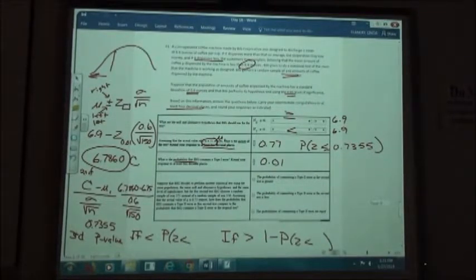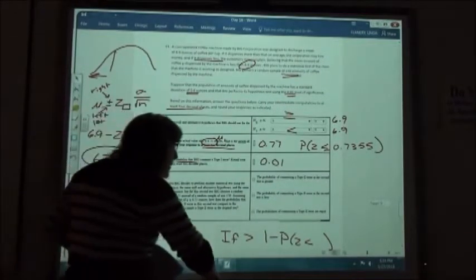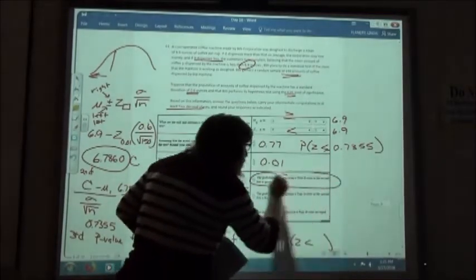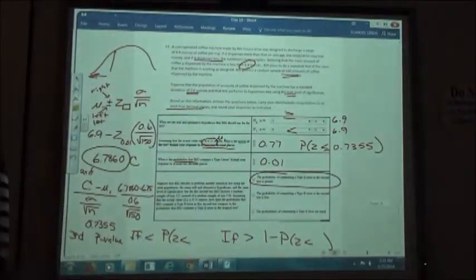If I sample fewer people, am I going to have more or less chance of making an error? I'm going to have a bigger chance, right? The fewer people I sample, the bigger the chance I'm going to get an error. So the probability of committing an error is going to be greater because I sampled less people.